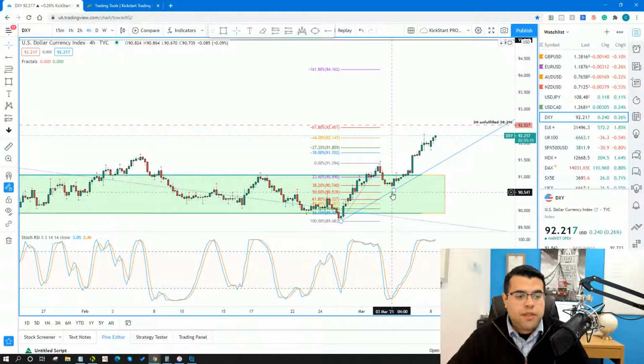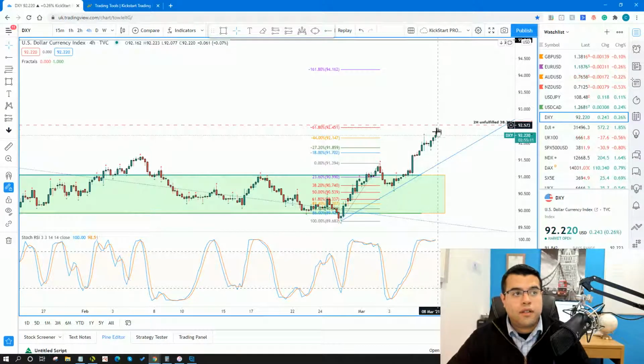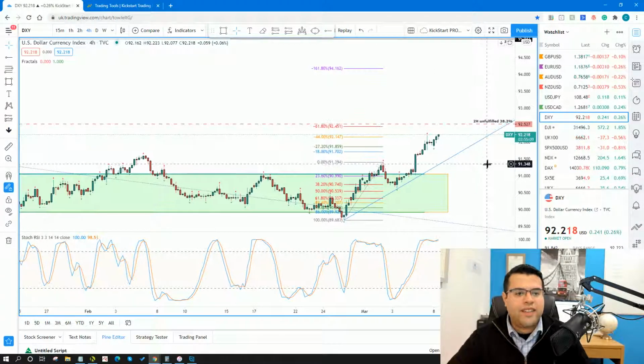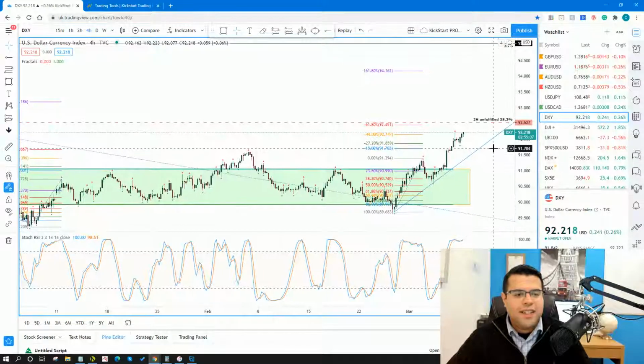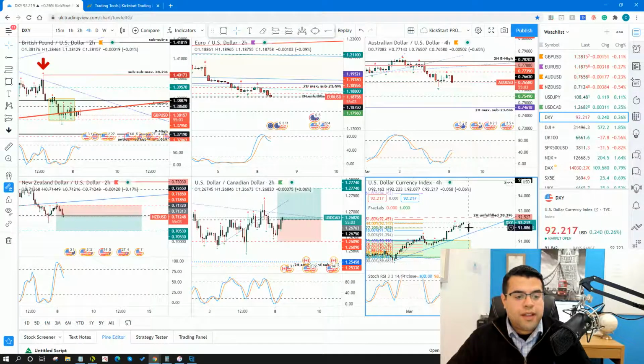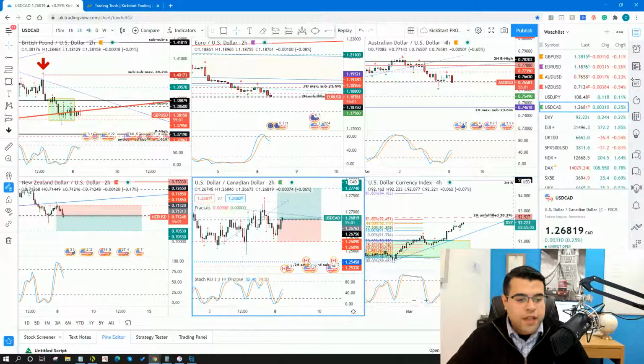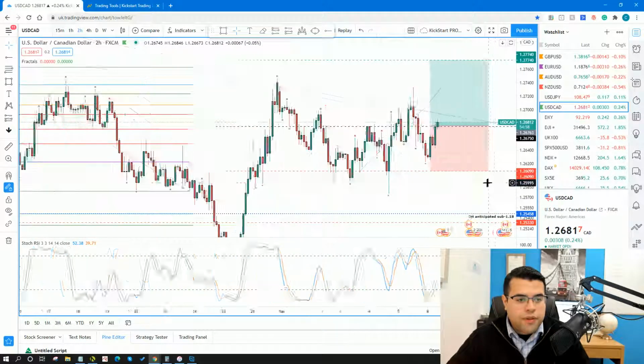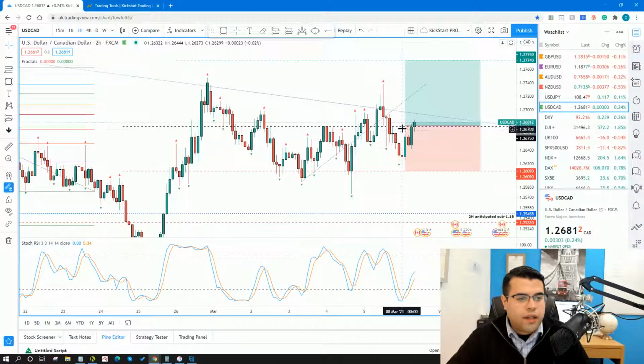I also have to update this trend line because obviously we have now made a new higher high, and it looks like we're gonna go for a new higher high even still, right? But this is what I'm looking at, folks. That strength right there is translating into some strength right here on the dollar CAD. You can see it already starting to come into play.